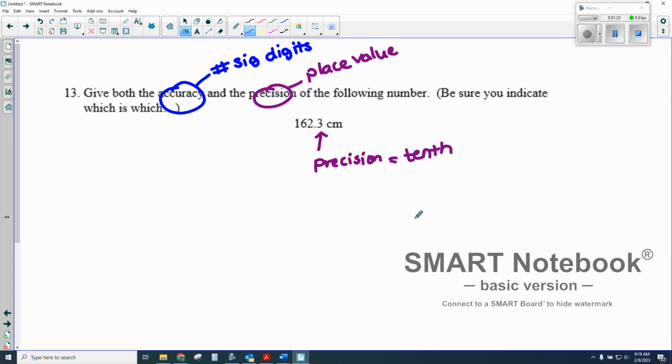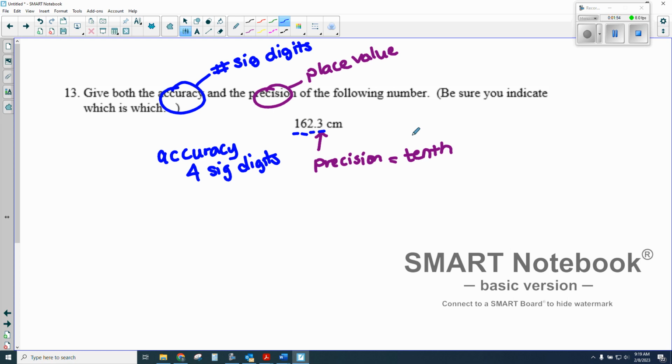Whoa, I don't know what just happened to my computer. There it goes. The accuracy is the number of significant digits. And since none of those numbers are zero, all four of them are significant. And so the accuracy is four significant digits. Okay, my computer screen keeps going off.